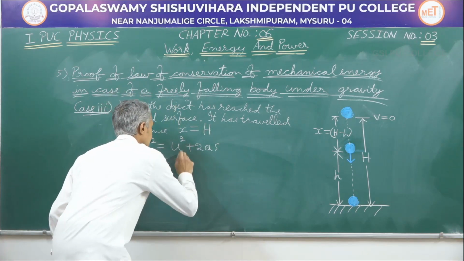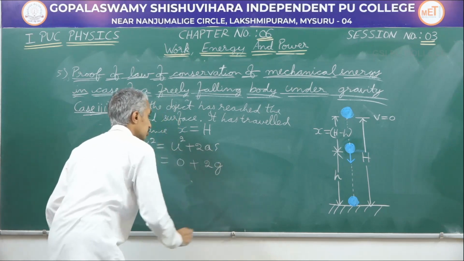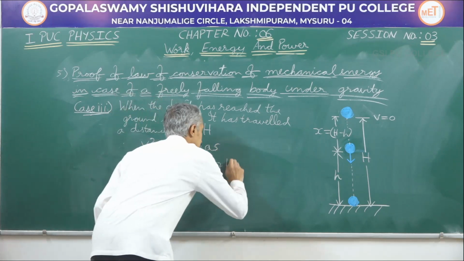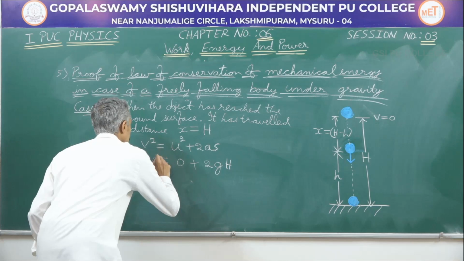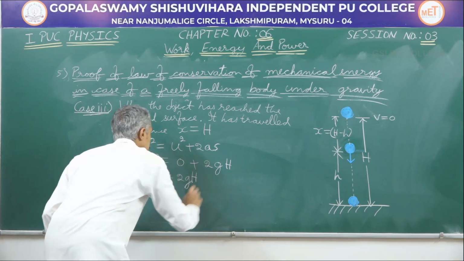The initial velocity u is 0, so it is 0, and in place of a it is acceleration due to gravity, and the distance travelled in this case now is H. So v square is now equal to 2gH.